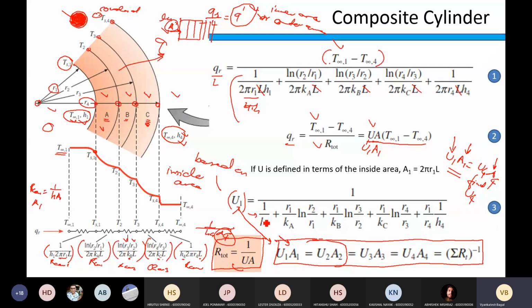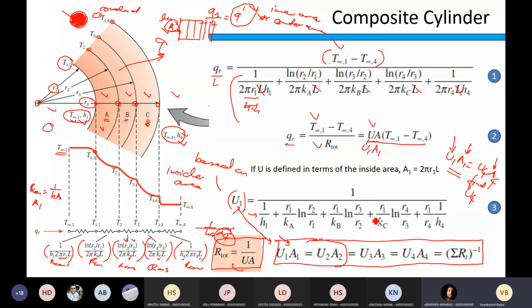Similarly, you will get a different term here, and instead you may get R4 by R1 here, opposite of this. Similarly, the terms in between will change, but the form will remain the same. For example, ln R2 by R1 is going to remain the same. This term will change, so instead of R1, you may get R4 here, R4, R4, something like that.